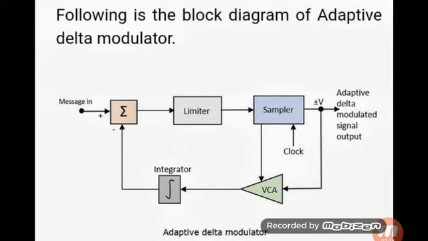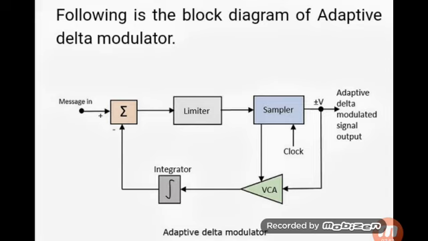Already we know the individual meanings of sampler and quantizer. The integrator and differentiator balance the signals, providing frequency values from the upper and lower states. The voltage control amplifier amplifies the signals according to the rate of change of the data transmission.